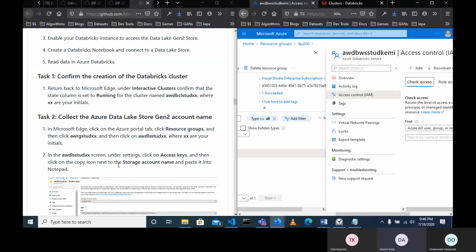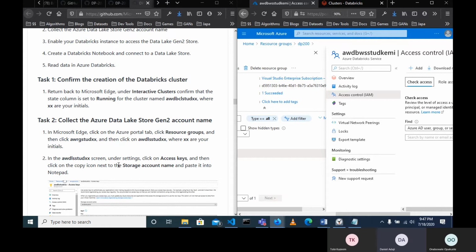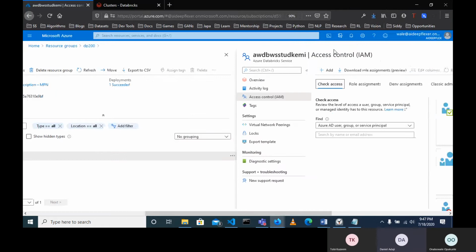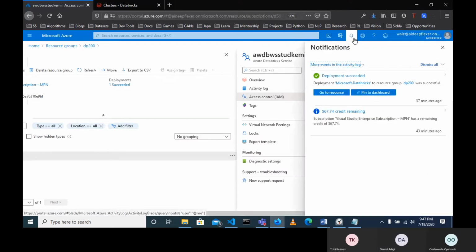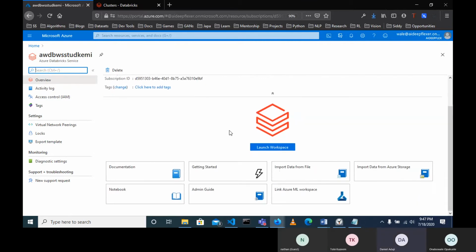Okay, great. So you're looking for the access key. I think you should close this. Go to your notification. Go to resource. It should be under overview.